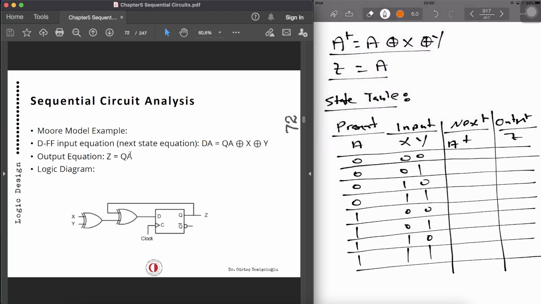Okay, so A XOR X XOR Y. What do we know? It's an odd function. If we have an odd number of ones, then the output will be 1. So 000 is 0, 001 is 1, 010 is 1, 011 is 0, 100 is 1, 101 is 0, 110 is 0, and 111 is 1. So an odd number of ones gives output 1. And then Z is A, so whatever we have got on A will be reflected to the output.